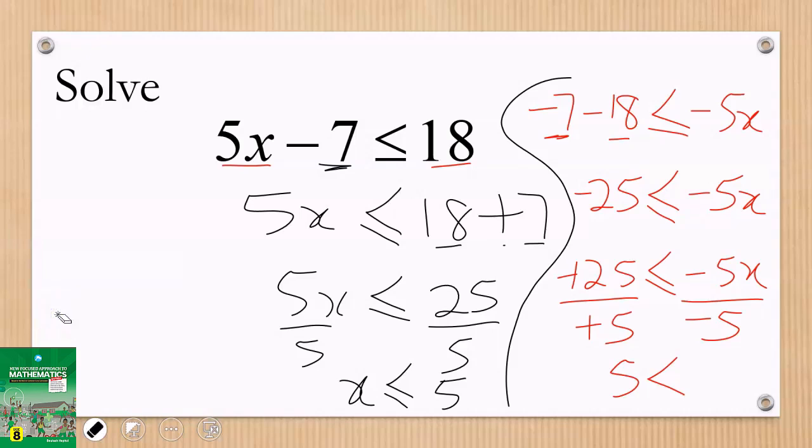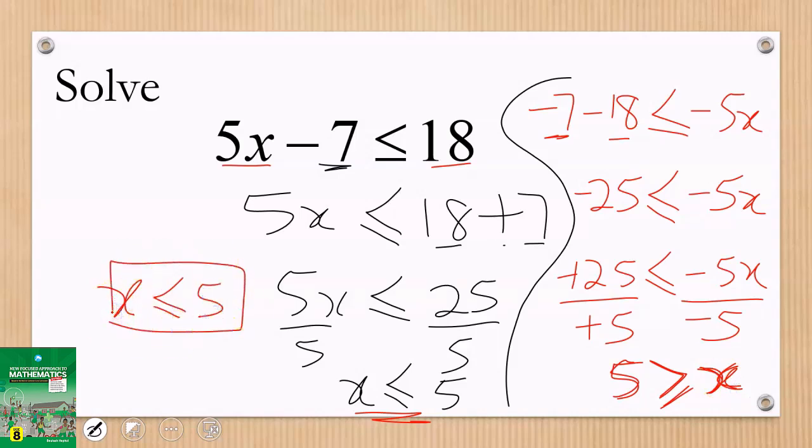Instead of less than or equal to, we write greater than or equal to x. But if we are writing x first, like we wrote x first here, we are going to say x is less than or equal to. Here I'm saying 5 is greater than or equal to x. If 5 is greater than or equal to x, and I'm saying x first, then I will say x is less than or equal to 5, and it will come back to the same answer.